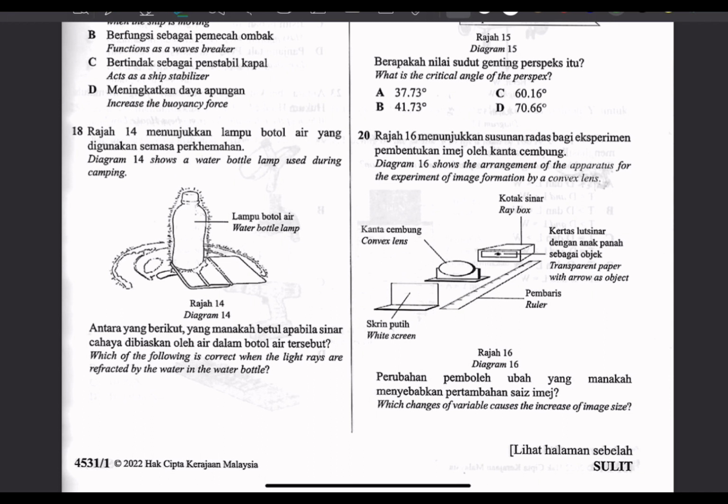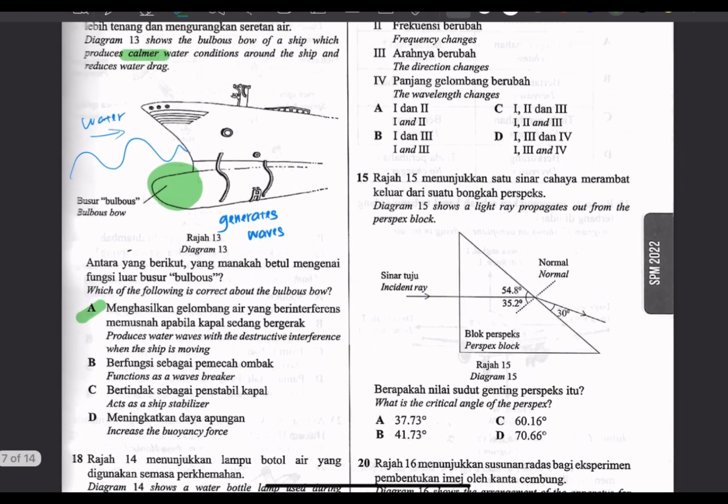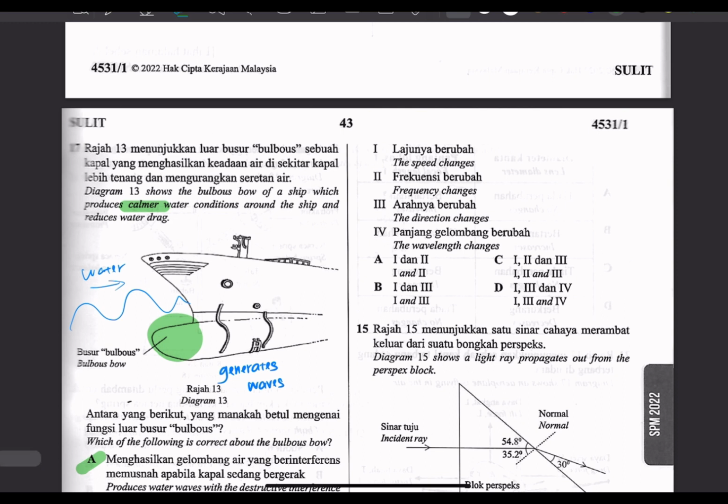Which of the following is correct when light rays are reflected by the water in the water bottle? So this is about reflection. Okay, v equals f lambda. For reflection, the speed must change and the frequency will remain unchanged and the wavelength will change also.